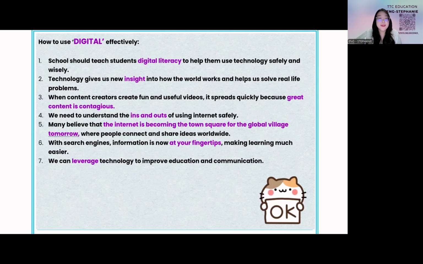Okay. So Cheryl, which one do you foresee that you will use the most in your essay writing? Do you guys have a few preferences? Which one do you like the best for now? Among the words or the vocabulary given in digital, which one do you foresee that you'll be able to use in an essay effectively?